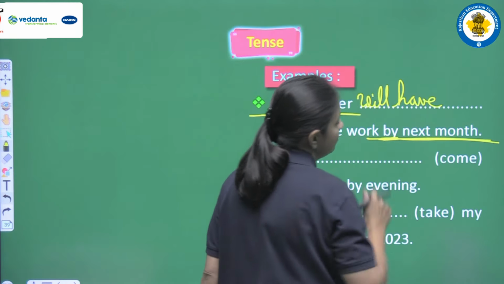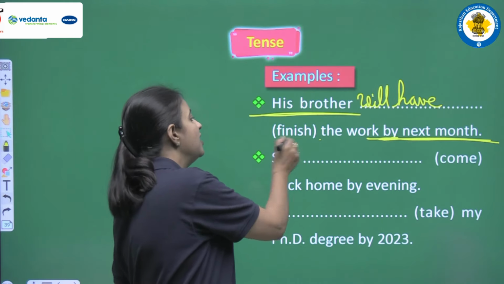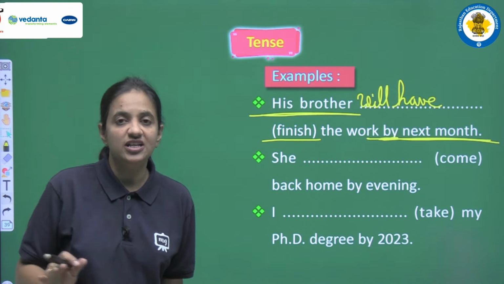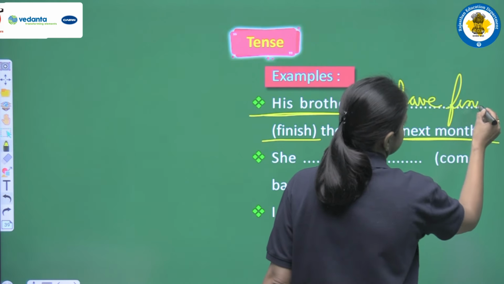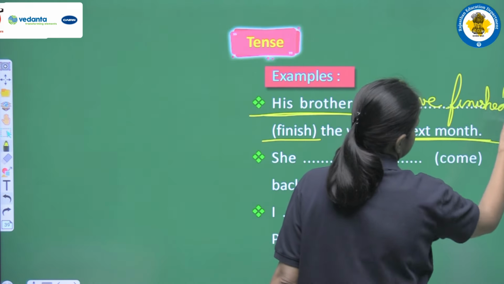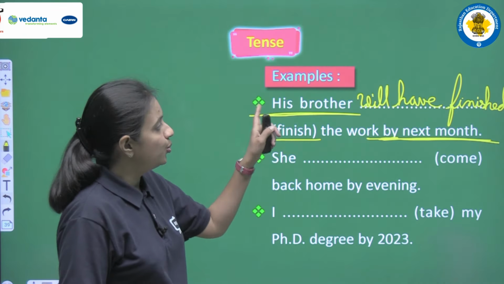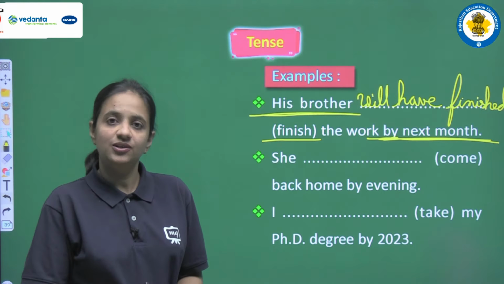Now this is future perfect tense, so we have to use the third form of the main verb. As a main verb we are having finish, so the third form of finish is finished. So we will write here finished, and the complete sentence will be his brother will have finished the work by next month, okay.